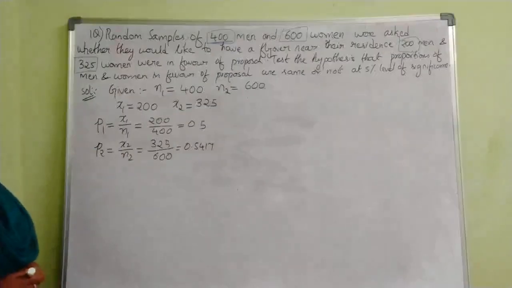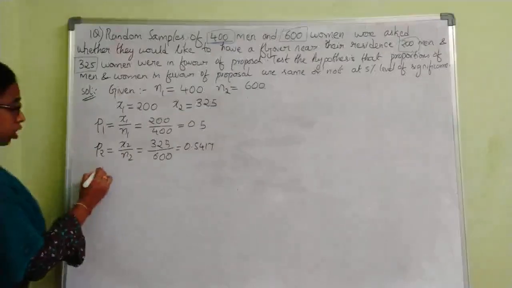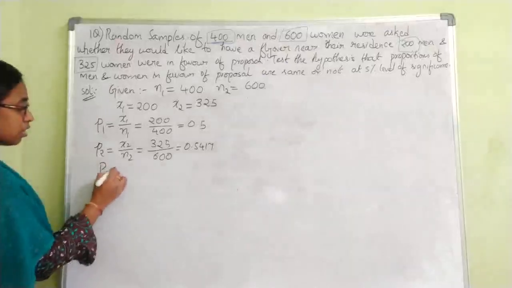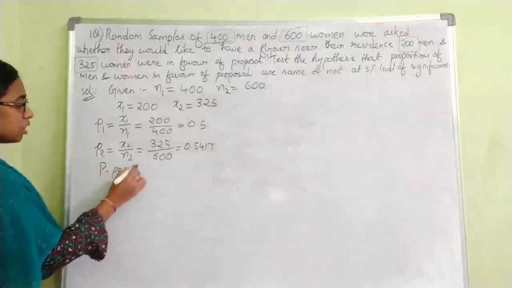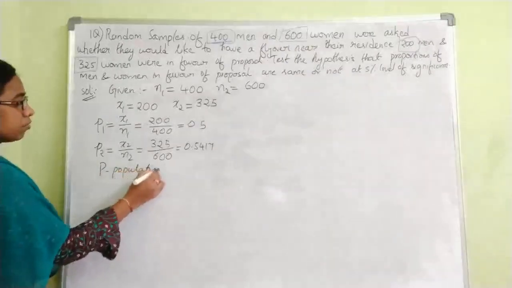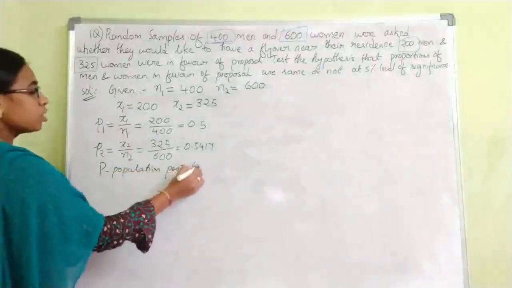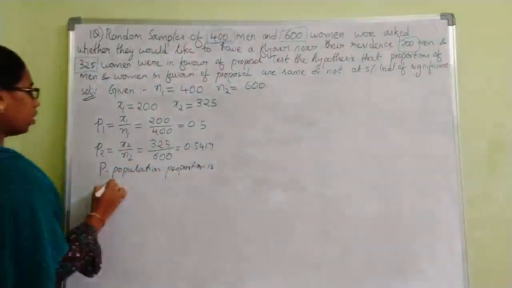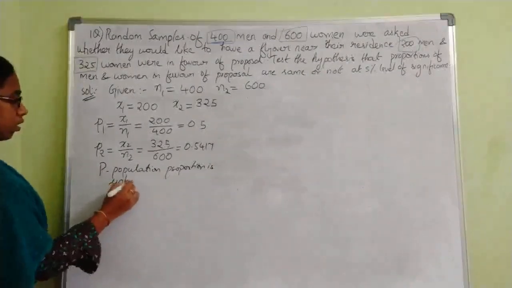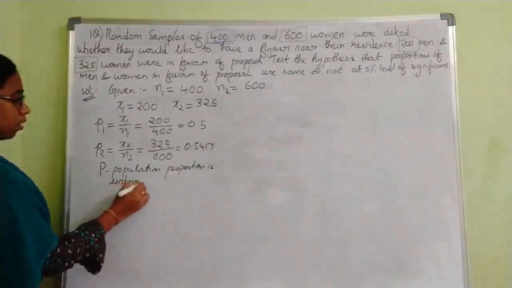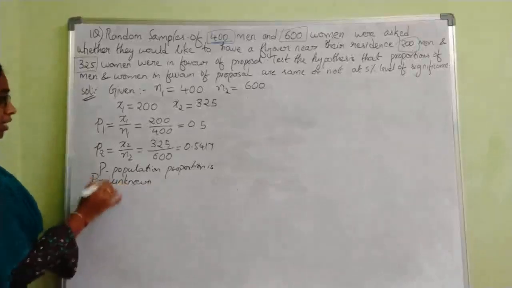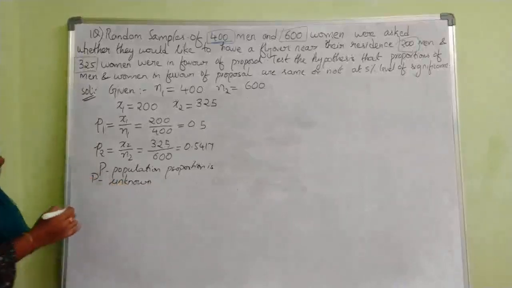That means P is unknown. So capital P, the population proportion, is unknown. Then we estimate the P value.